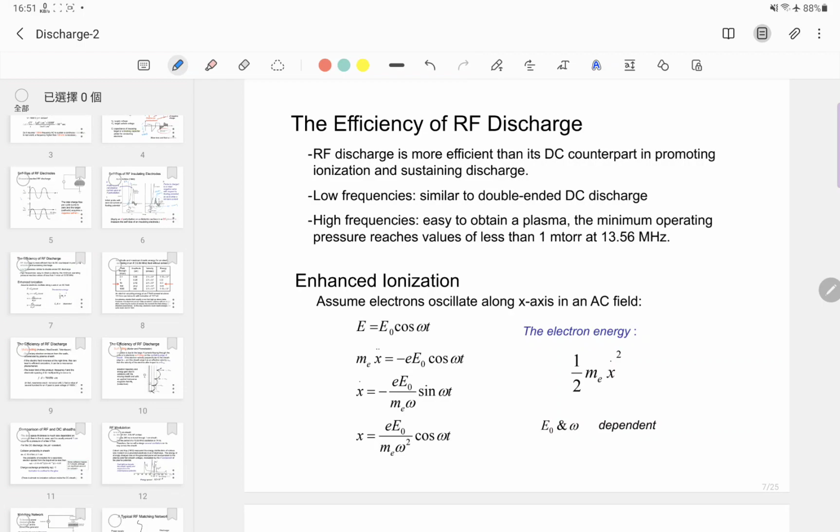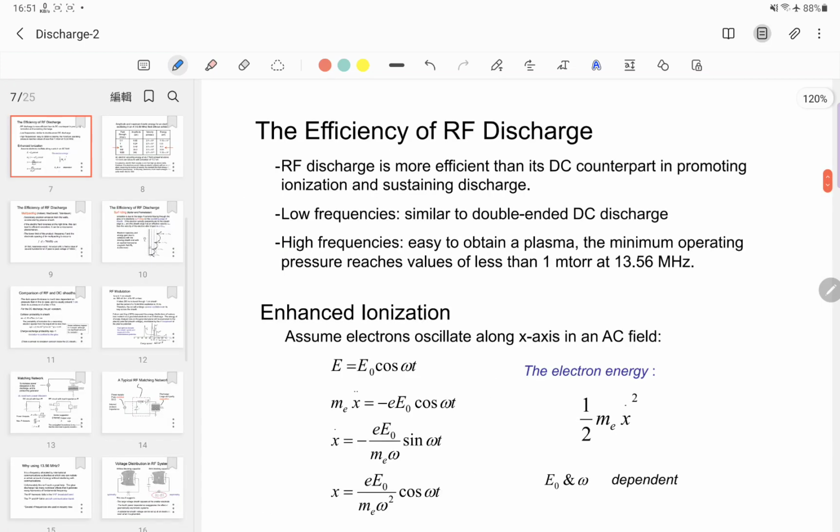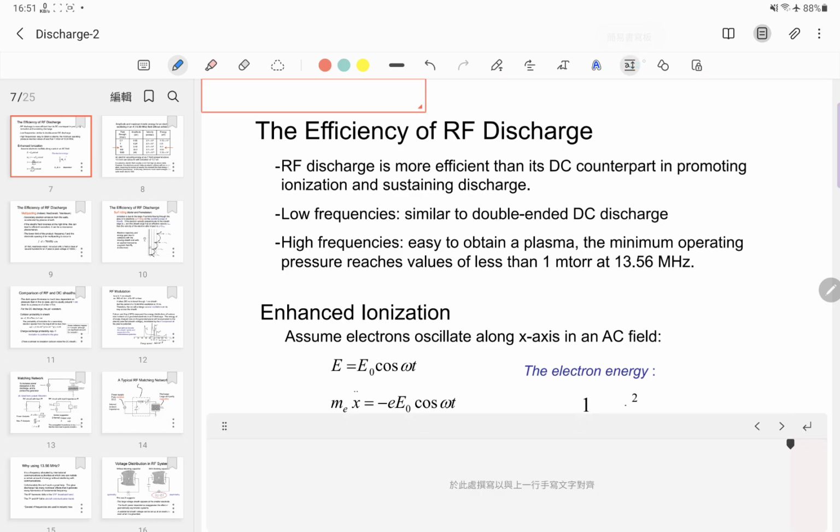So it means if the pressure is 1 milliTorr, you need a system with 1,000 centimeter length. 10 meters. Such a large DC system to generate plasma.